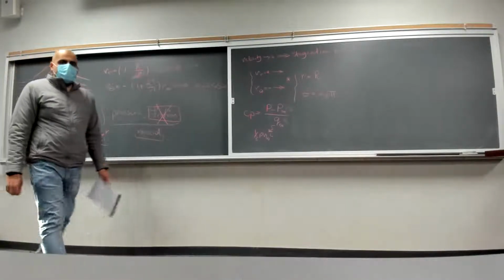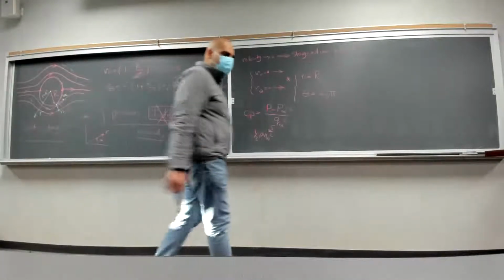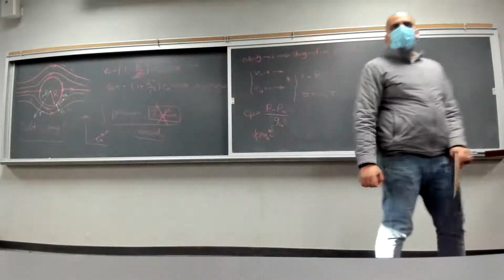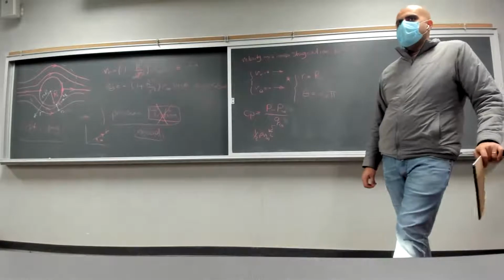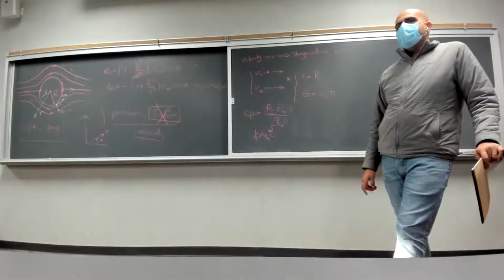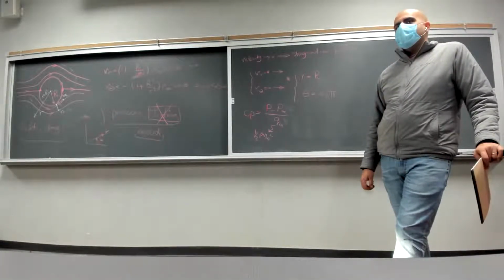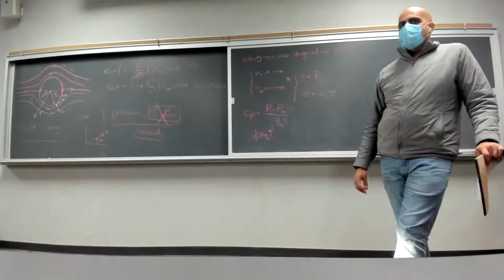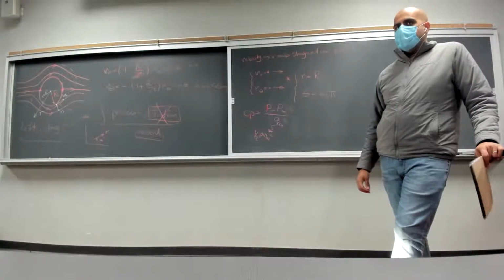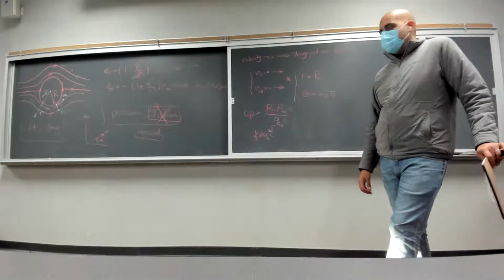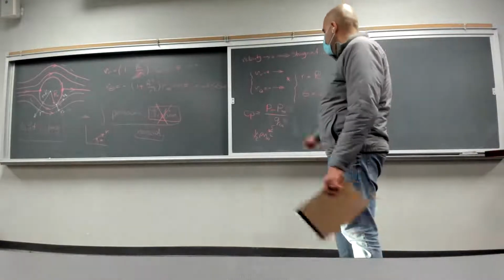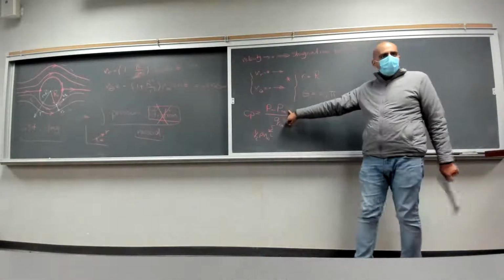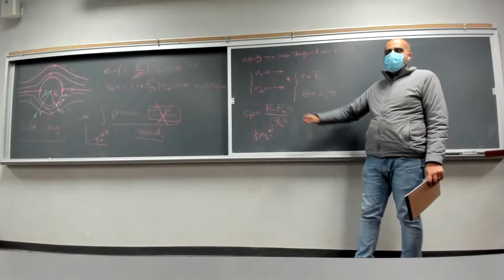How is the numerator related to velocity? We are in the incompressible flow. So that's for the compressible, right? And my question is, how would you relate pressure or pressure difference to velocity?